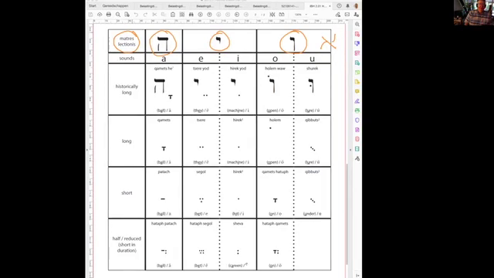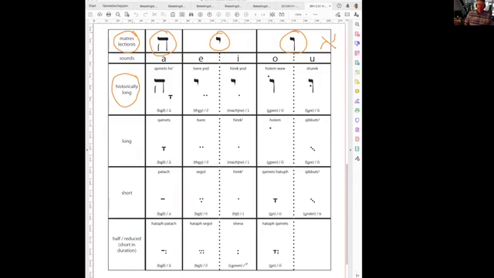They are sometimes also called historically long vowels. So these letters carry long vowels: the long A, the long E, the long I, the long O, and the long U.